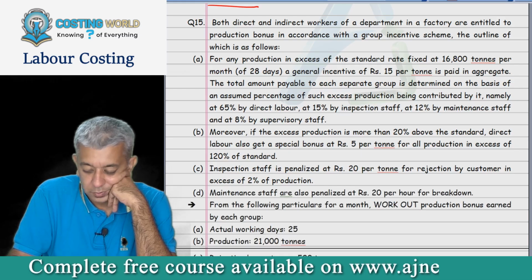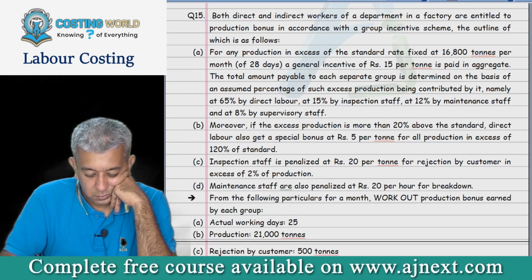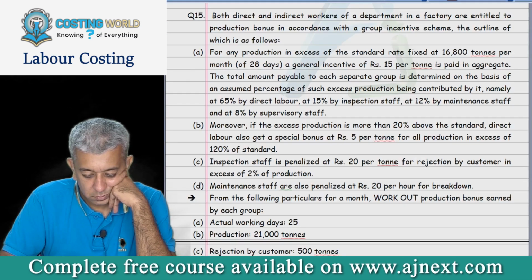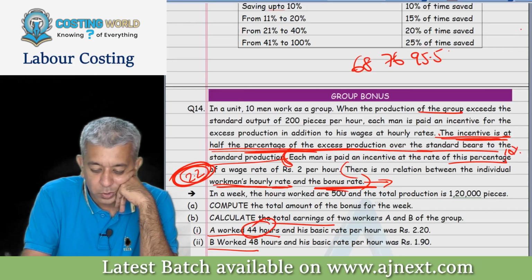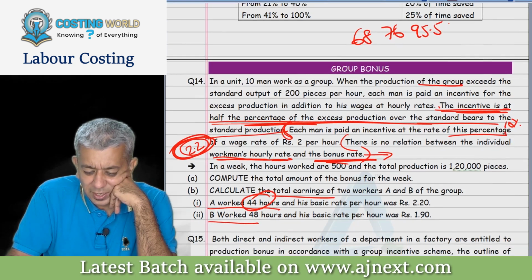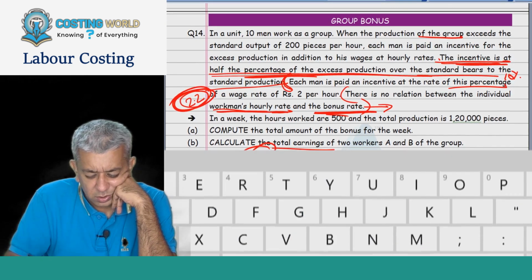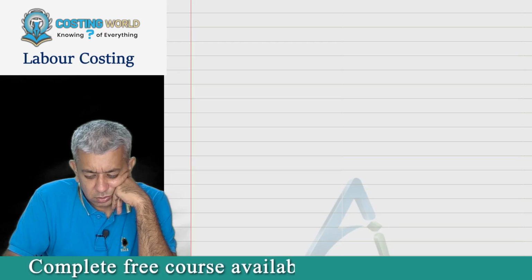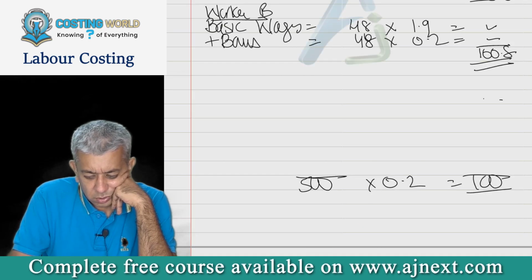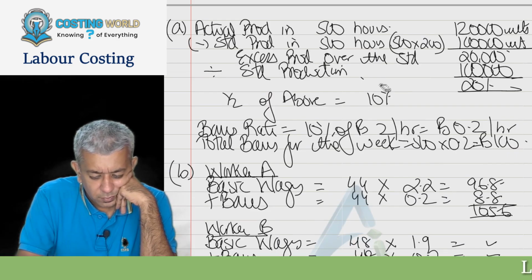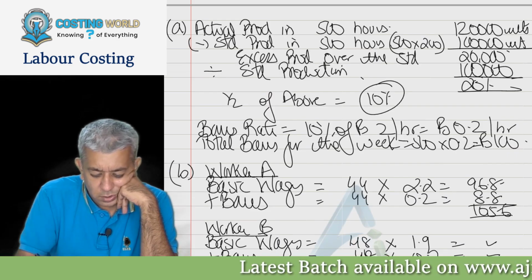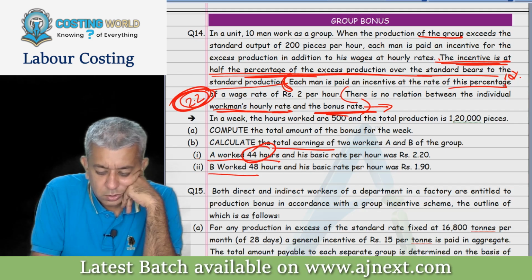Sir, how did we calculate the bonus rate in this question? Beta, the bonus rate was given to you in the question. You have to take bonus. You're asking about the rate of 10% or what? Yes, sir. How did we take 10% of 2? Did you understand how 10% came? Yes, sir, I understood that. Then the rest is given to you in the question only.